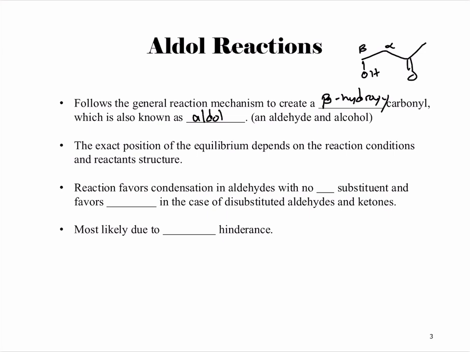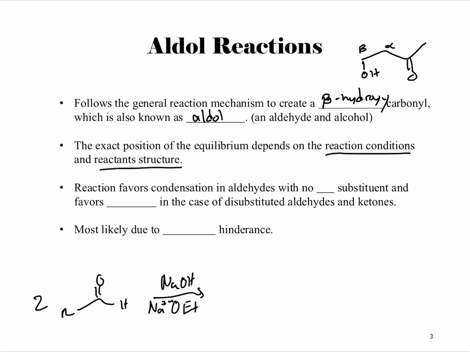And so the exact position of the equilibrium of these reactions depends on the reaction conditions and the reactant structure, right? So if we had, let's say, two aldehydes, and we put them in conditions that form a condensation reaction, which would be something like this maybe, then this equilibrium can either shift towards the condensation products or the reactants, right?